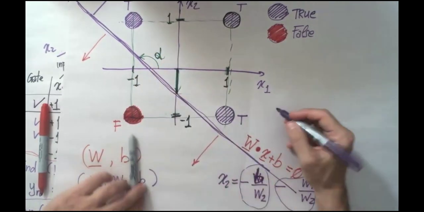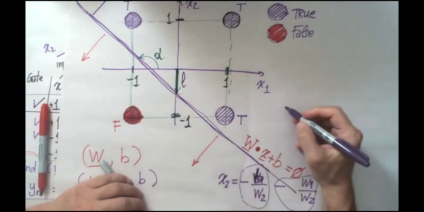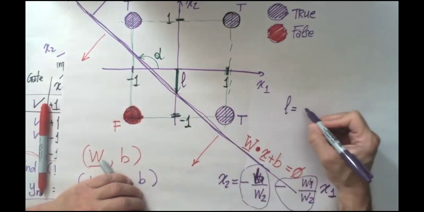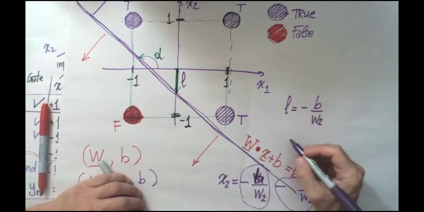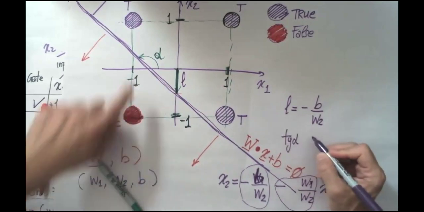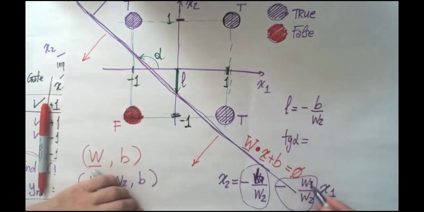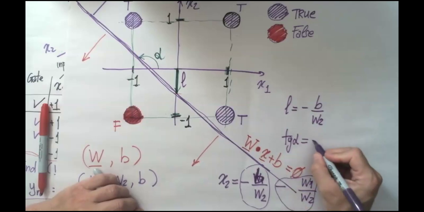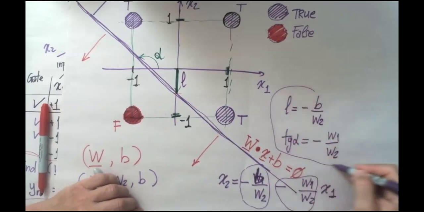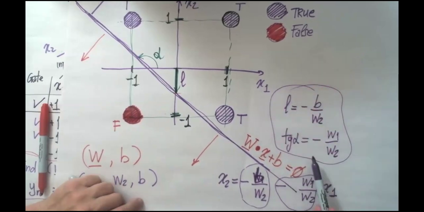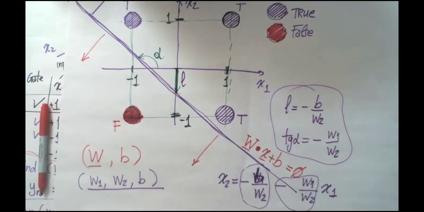and then I can also measure this angle here, alpha. The best that we can say is that, calling this distance L, we have L equal to minus B over W2, and tangent of alpha is equal to the slope, minus W1 over W2. So I only have 2 equations for 3 unknowns.